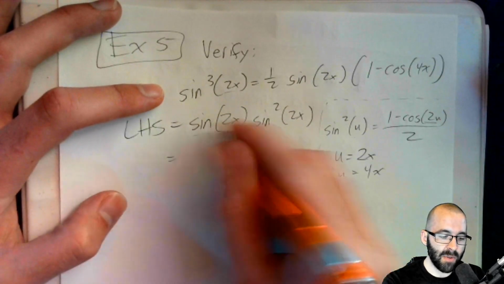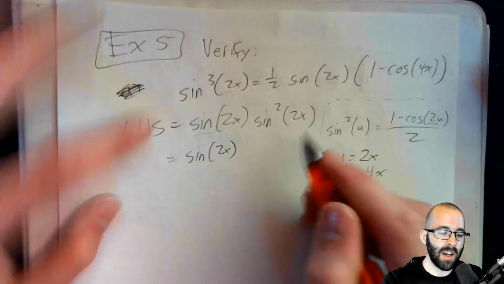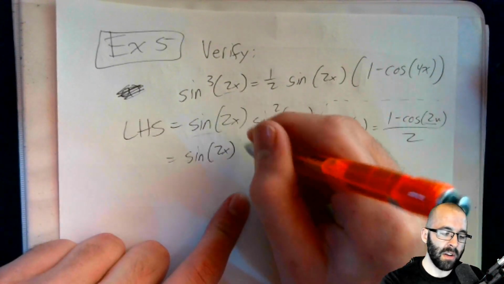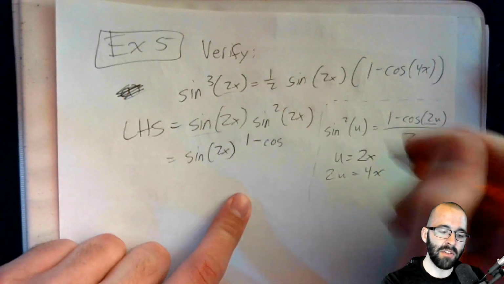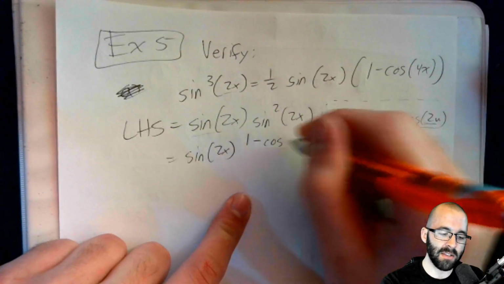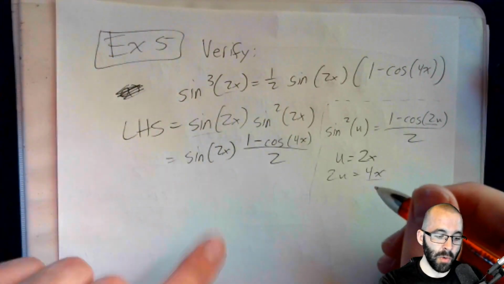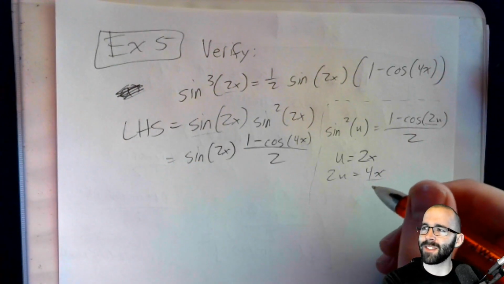So this guy, we're just going to keep that there, sine of 2x. Now we want to reduce this thing. So it's going to be 1 minus cosine of double that angle. We said that was 4x, over 2. And ooh, this is looking good. Oh my goodness, this problem was too easy.